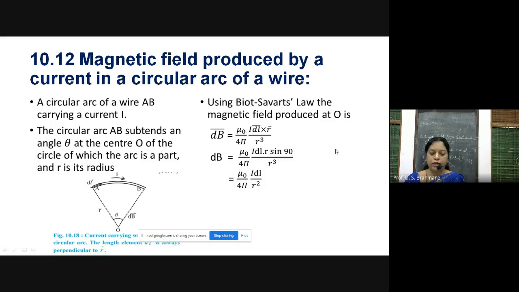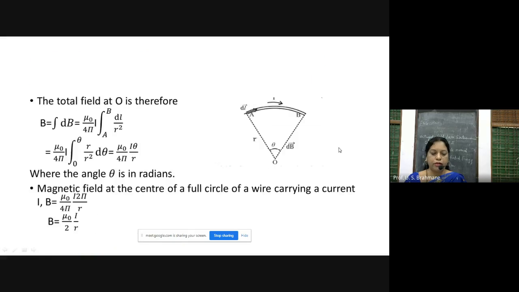Total dl, for the circle we'll consider. See here, the total field at O is therefore obtained by integrating this. Integrate means we are adding up, or you can take the summation. So instead of summation, we'll have the integral of dB. For the circular arc from A to B, mu 0 upon 4 pi I, whatever the constant terms come out of the integration, and then what remains is dl upon r squared.